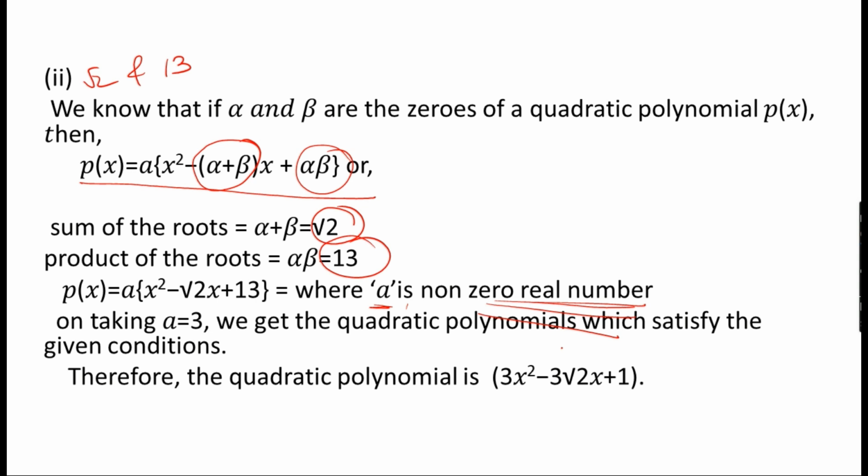We get x square minus root 2 x plus 13. We put the value of root 2 in place of alpha plus beta and the value of 13 in place of alpha beta. On taking the value of a as 3, we get the quadratic polynomial 3x square minus 3 root 2 x plus 39.